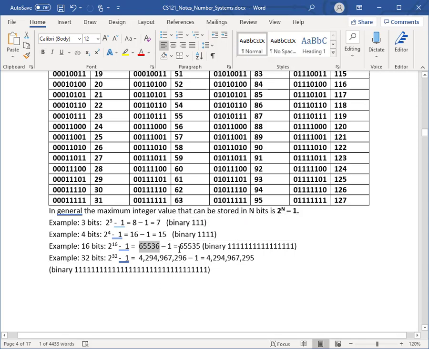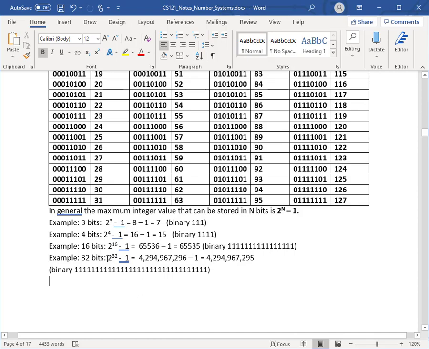If we subtract 1, that gives us 65,535, which, as we just saw, is the largest number you can store in a 16-bit word. Most of our computers now have at least 32-bit words, and in some cases 64.